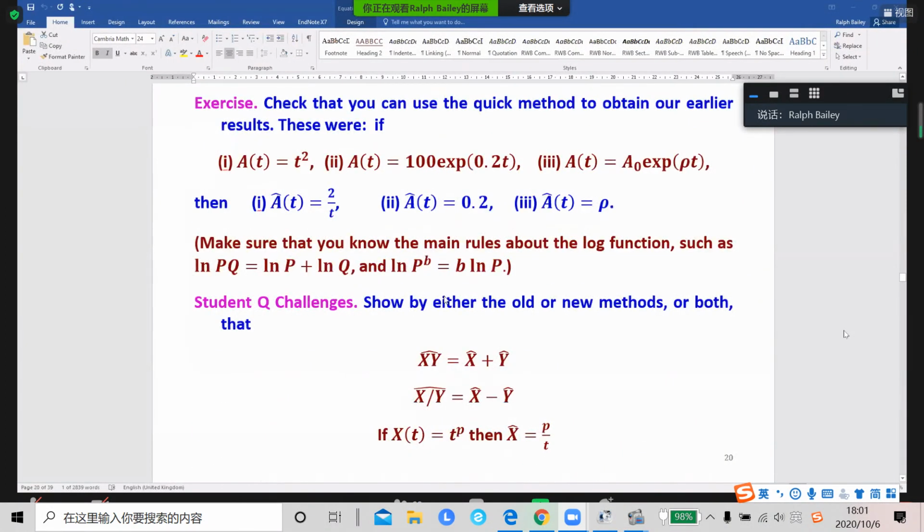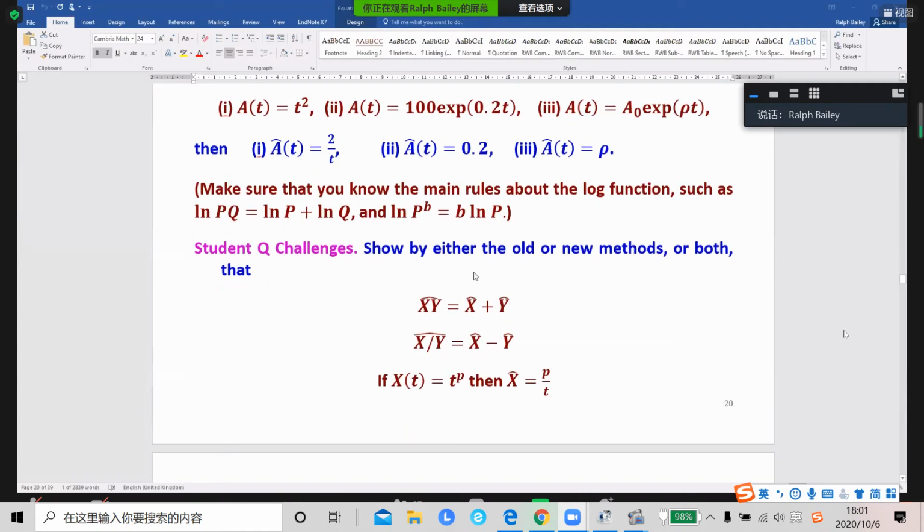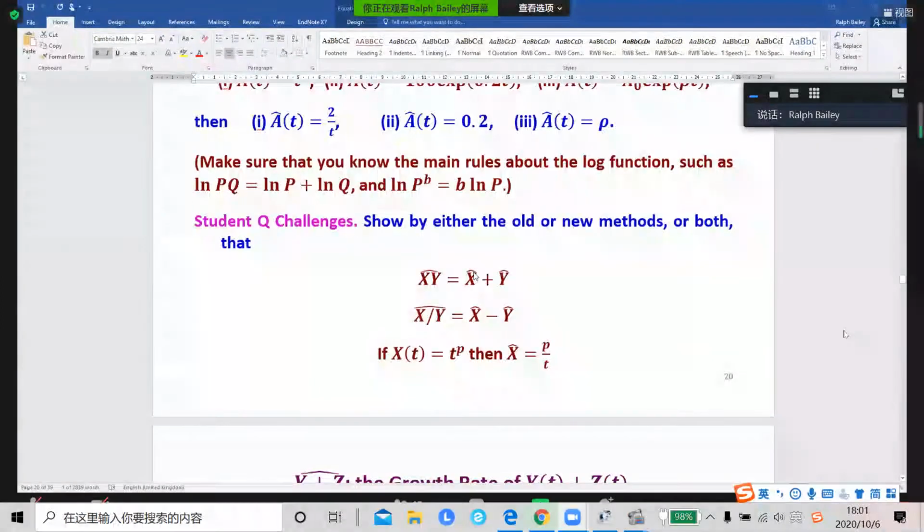And you'll need to know the main rules about the log function, including how to differentiate it. And by both methods, this is where I think the material starts to become quite attractive. You get what I think is a really nice looking rule like this one.